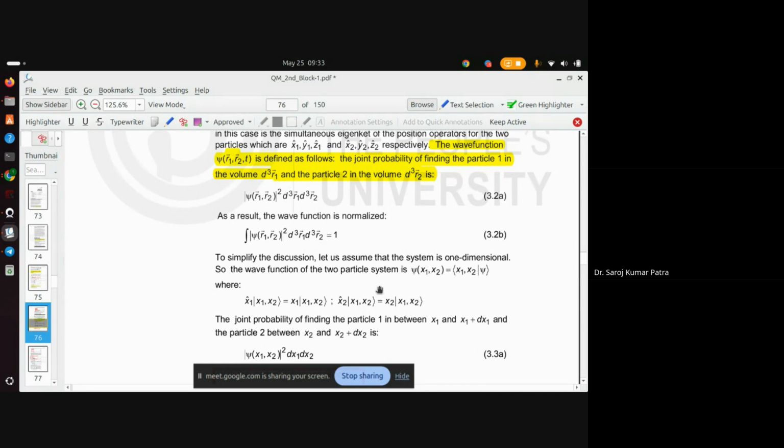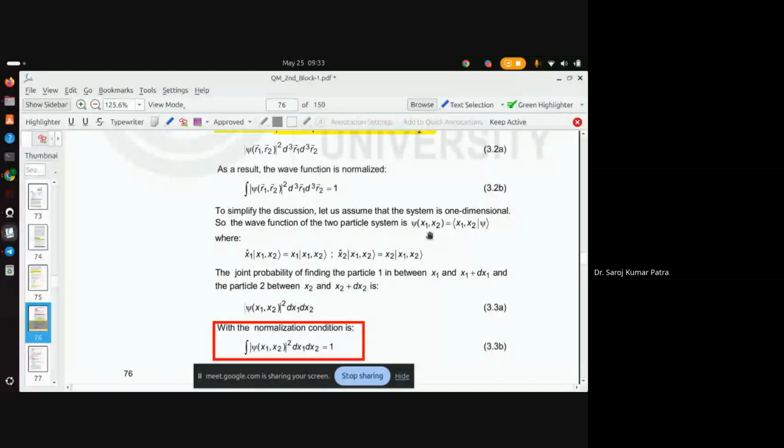To simplify this discussion, we can write psi(x1, x2) in one dimension as the bra <x1 x2|psi> as a representation. So what will be the position? x1 operator operating on the |x1 x2> state will give me the position x1.